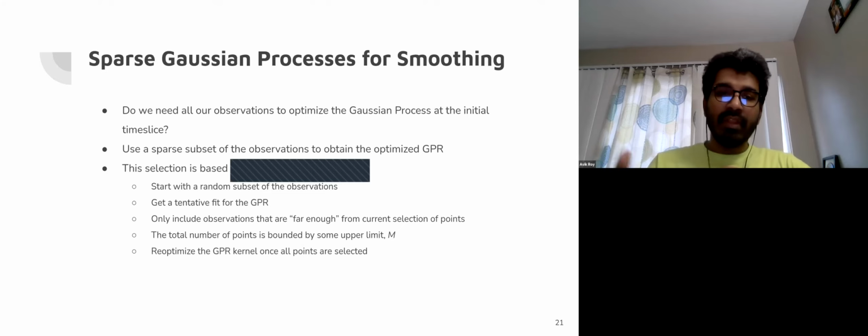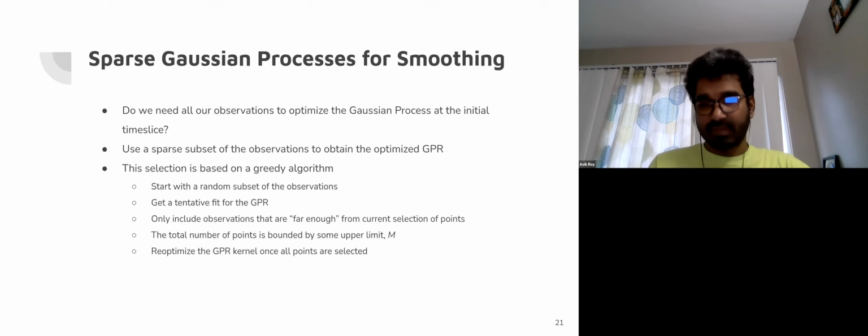However, since we are already using a smoothing process with Gaussian processes, after the fitting is done we can take as many initial time slice points from that fitted Gaussian process as we want. But do we actually need all the observations to optimize the Gaussian process at the initial time slice? Can we use a sparse subset of observations to optimize the Gaussian process regression?